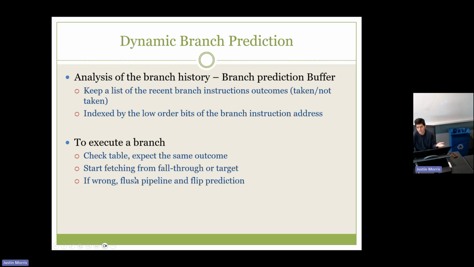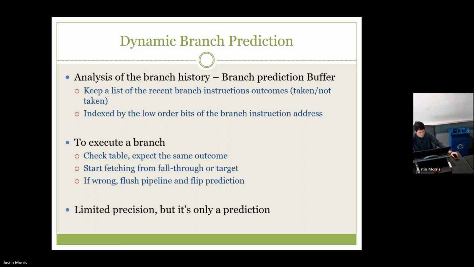But if we're right, then we don't have to do anything. So this is going to give us limited precision, but it is only a prediction. And for the most part, we hope that this would be better than static prediction.